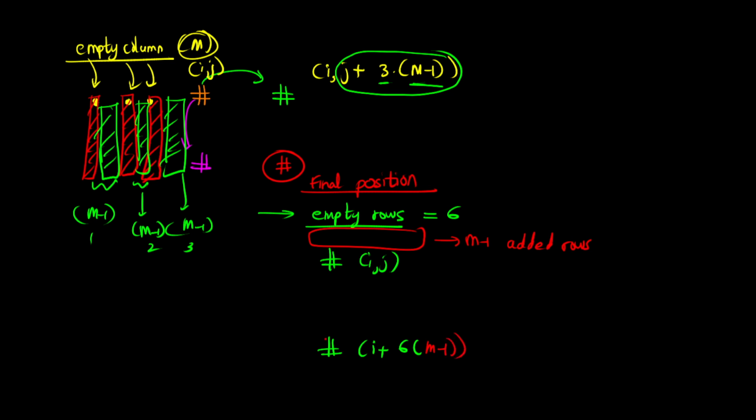Hence the overall from I to j, we will go to I plus some new added rows, and j plus new added columns.